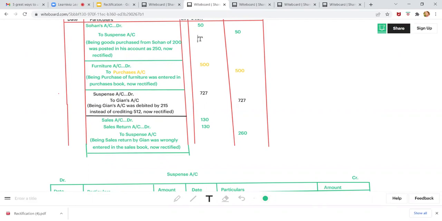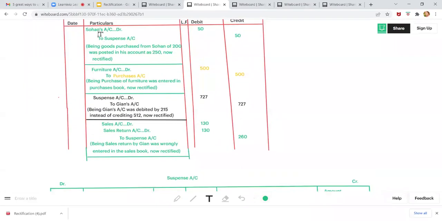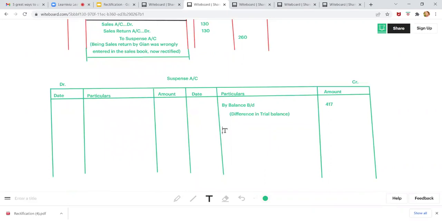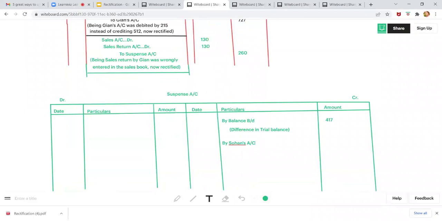As we have found the error, we will post this on the credit side, to suspense account, with the amount of rupees 50.